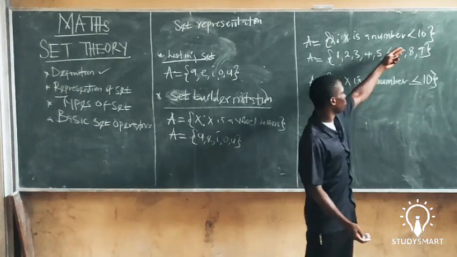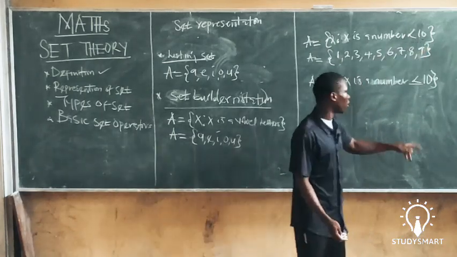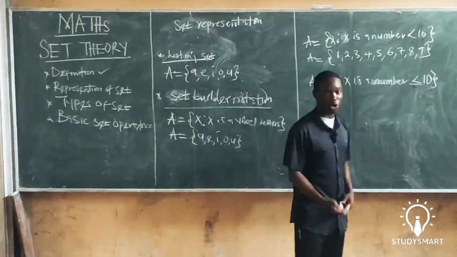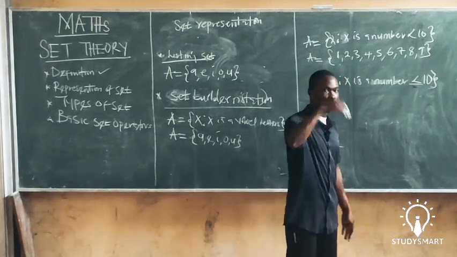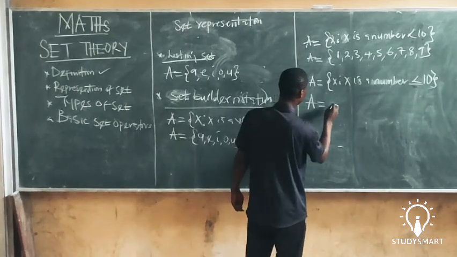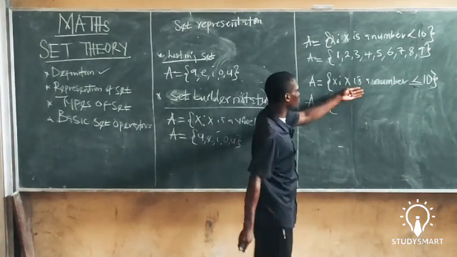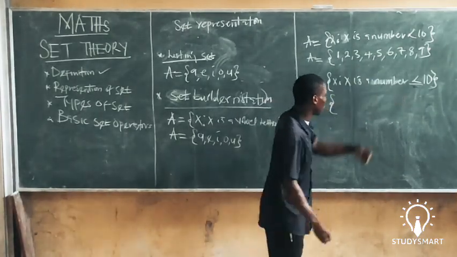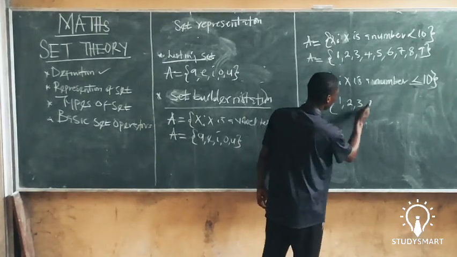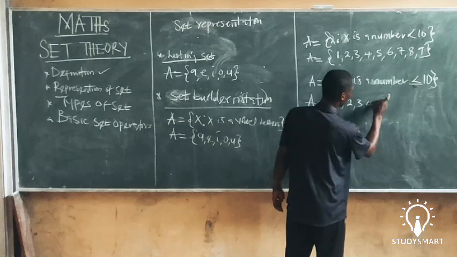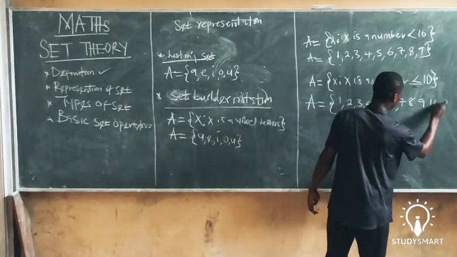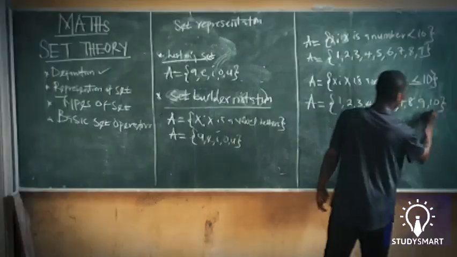If you check very well, here we have less than 10, but here we have less than or equal to 10, which means that the number is not going to exceed 10, but it can stop at exactly 10. So now the set of these numbers, we have 1, 2, 3, 4, 5, 6, 7, 8, 9, and 10.